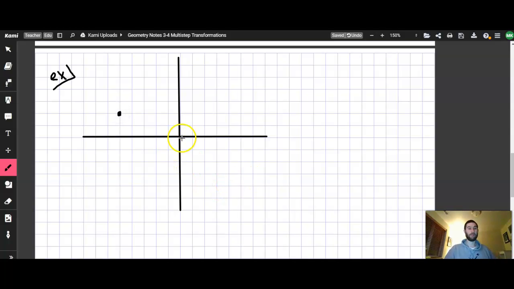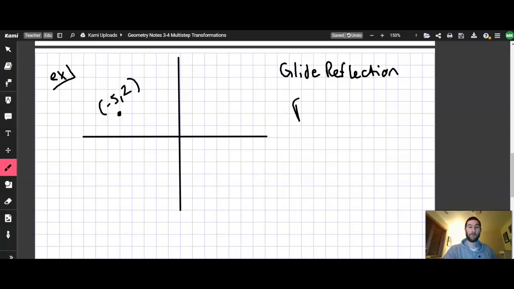This is the point 1, 2, 3, 4, 5, -5, +2. So, ladies and gentlemen, let's do this glide reflection as the composition of the reflection over the x-axis composed with the translation of the vector +7, -3.